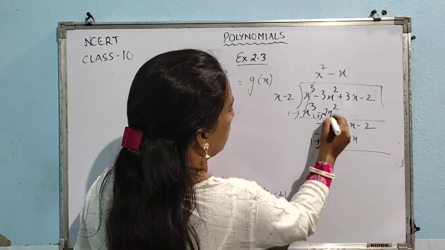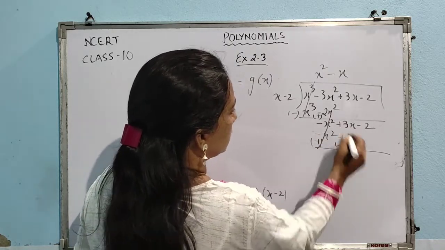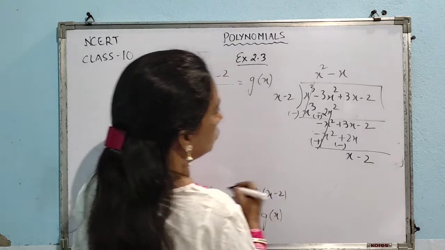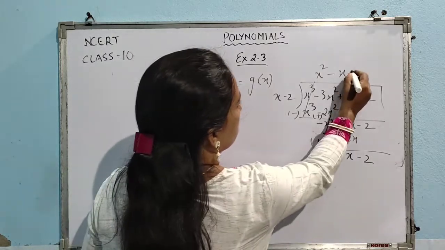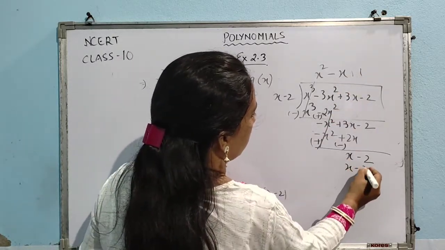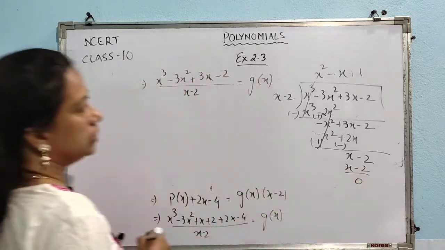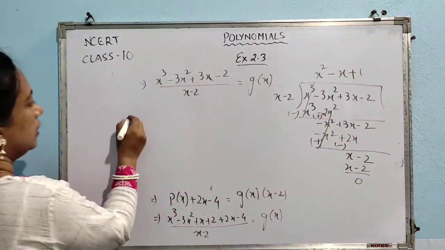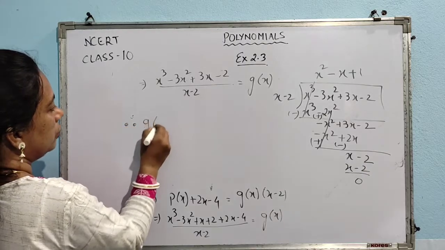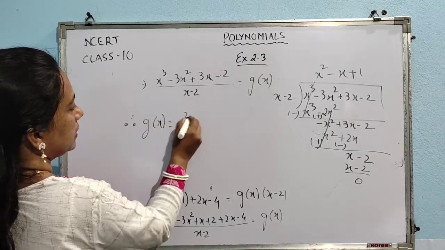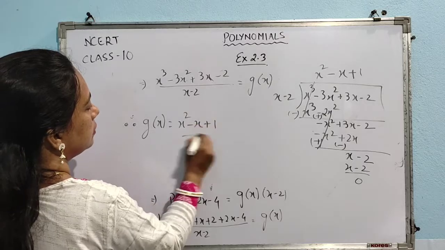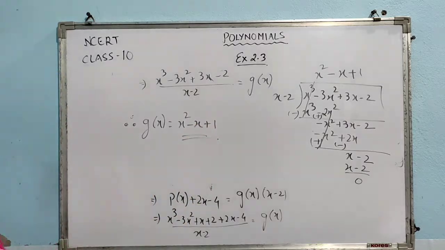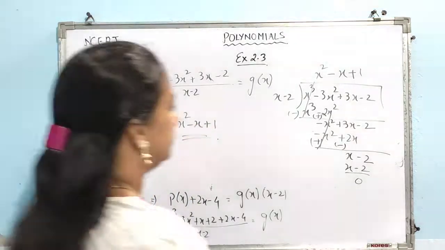So 3x minus 2x gives x minus 2. So here also x minus 2 means plus 1 only, and the remainder is 0. So ultimately we are getting plus 1. Therefore g of x is equal to x square minus x plus 1. This is the required polynomial. Okay, got it?